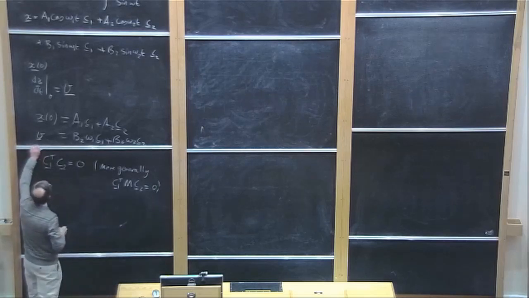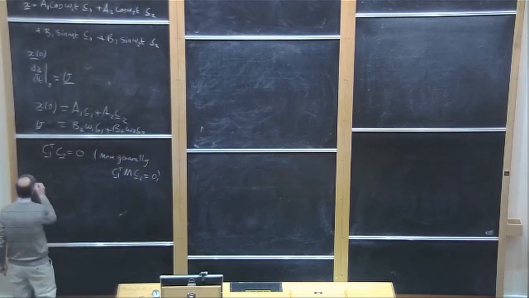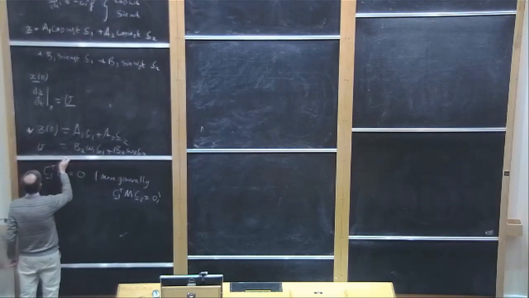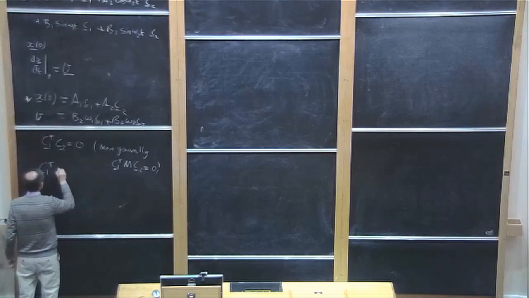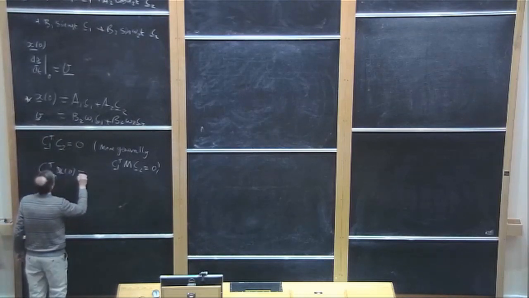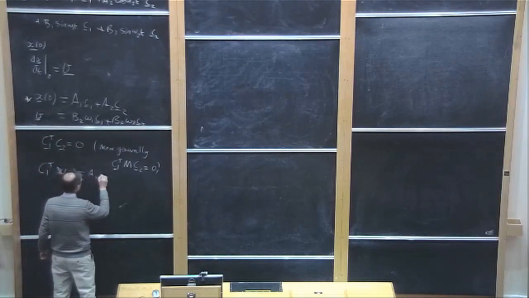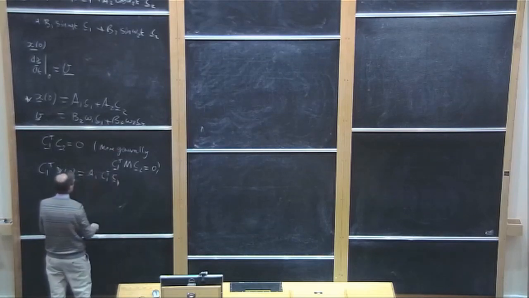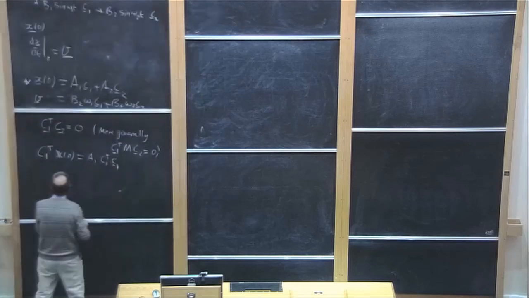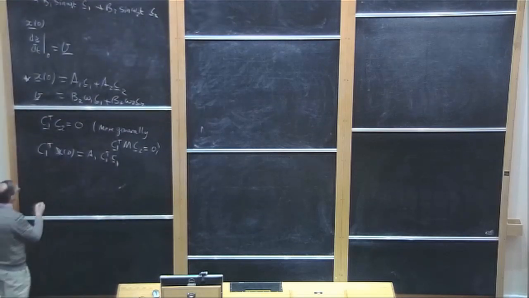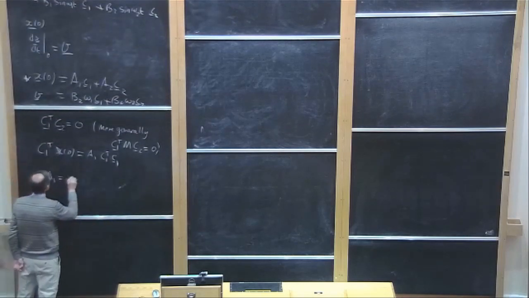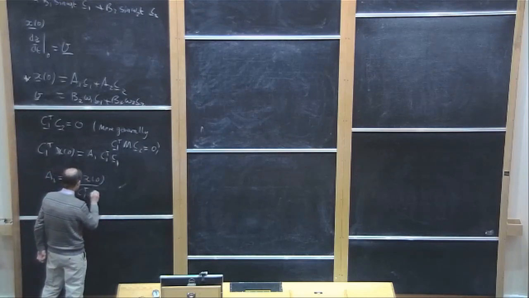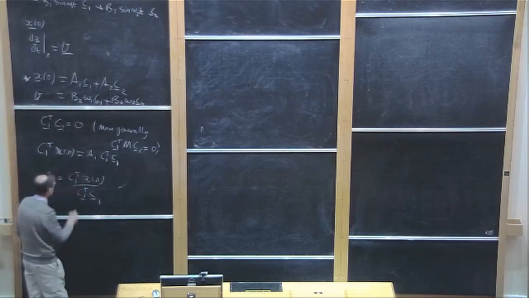So if we just dot this equation here with c1, we get c1 transpose x of 0 is a1 c1 transpose c1. And then the second term vanishes with the orthogonality. And then we're left with a1 is c1 transpose x of 0 over c1 transpose c1.